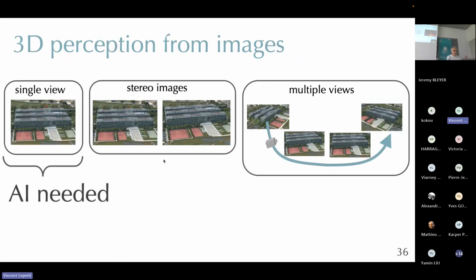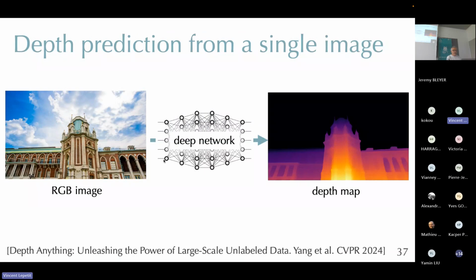The first example I can show you which is really AI and computer vision is that it's actually possible to train a deep network that takes as input a color image. That's what I showed here. You give this image to a deep network as input, and you get as output what is called the depth map.